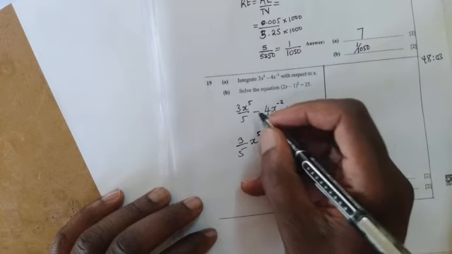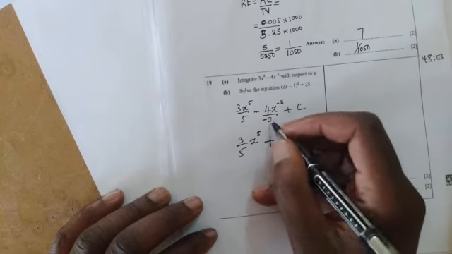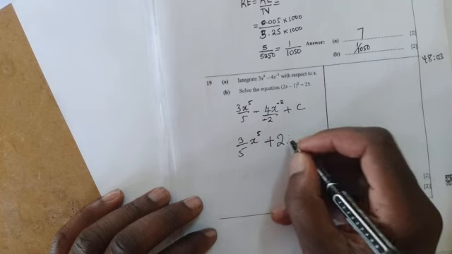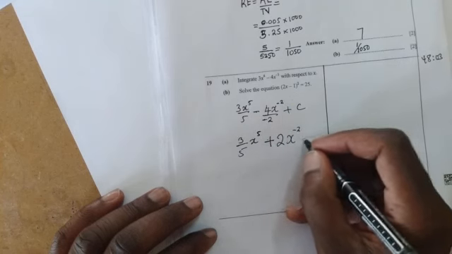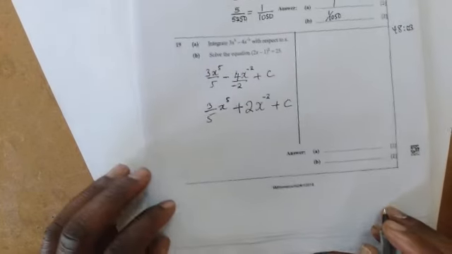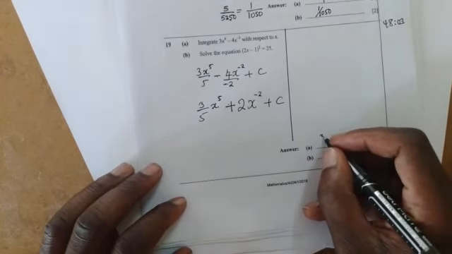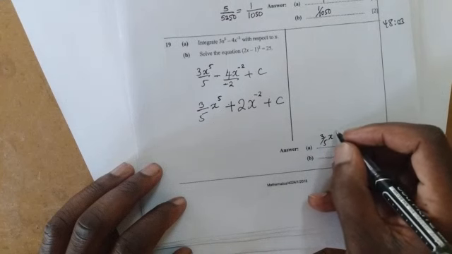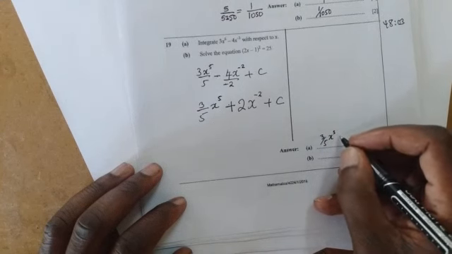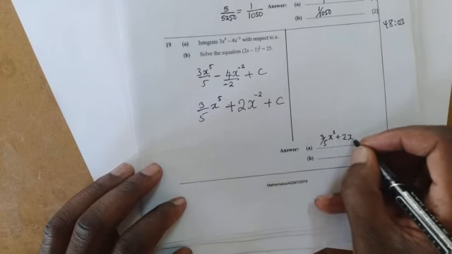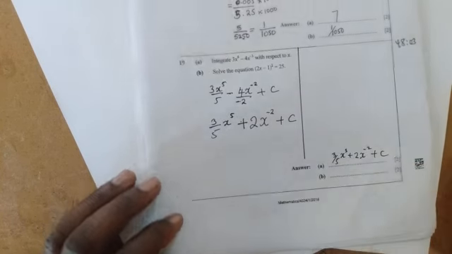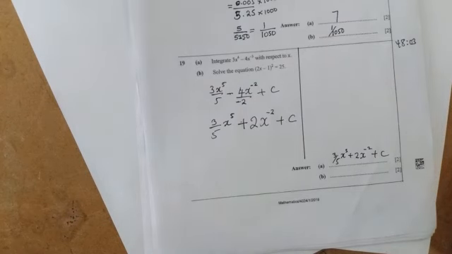This minus and this minus will give us a plus. 2 into 4 is 2, and x to the negative 2, plus constant. This is going to be our answer here: 3 over 5 x to the 5 plus 2 over x squared plus c. That's what we're going to get.